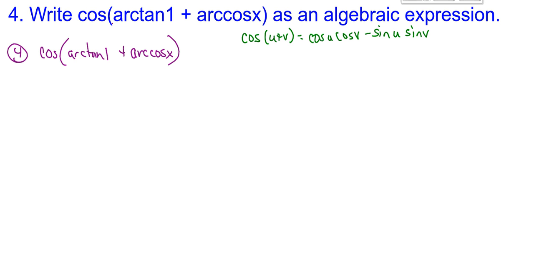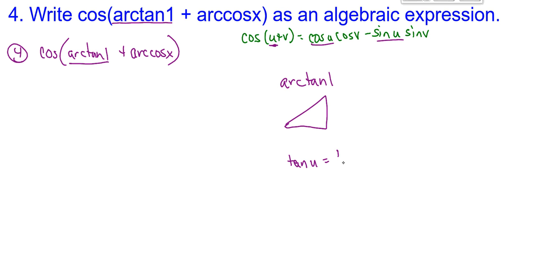So this arc tangent 1 is going to give me something in relationship to that u. I'm going to deal with the arc tangent 1 as a first thing, and I'm going to draw a little right triangle. For the arctangent of 1, we know that the tangent of u, I'll call it u, is equal to 1 over 1.